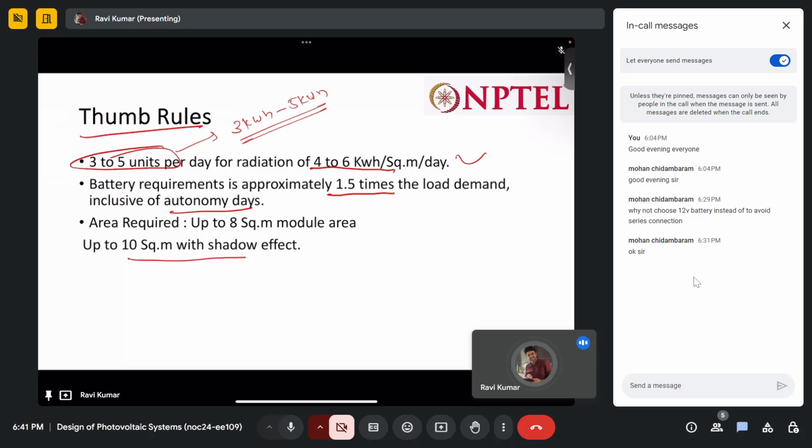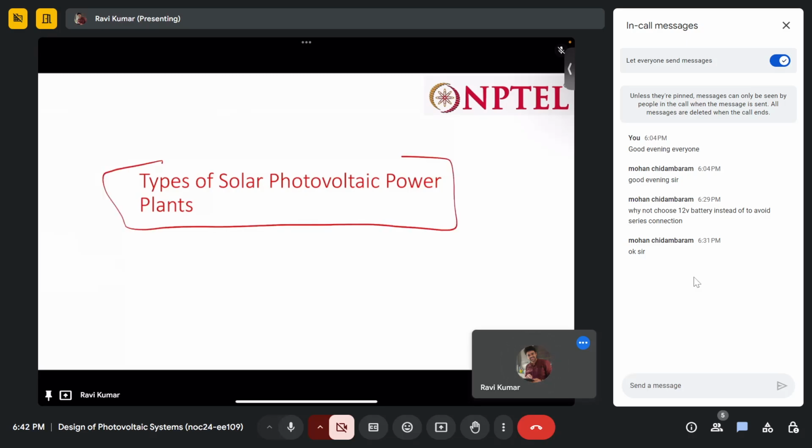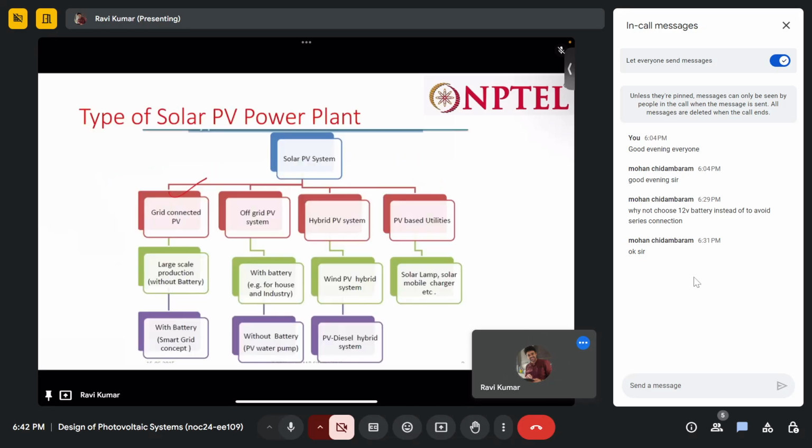Now we will see different types of solar power plants which we have. So we have grid connected, off grid, hybrid, and PV based utility. In grid connected, we have without battery, large scale production, and with battery, small grid concepts. For the off grid PV system, we have with battery and without battery.